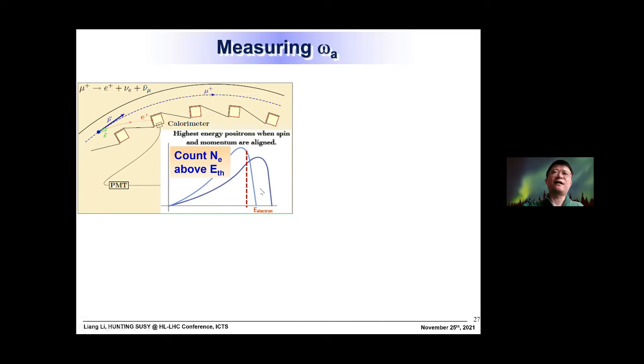If it's anti-aligned, then you will go backwards. But because you have a huge boost of the muon going forward, you will just have a softer energy spectrum of the electron. But still you can make a threshold cut here, and then you will see some of the muons are aligned, some muons are anti-aligned, and somewhere in between.